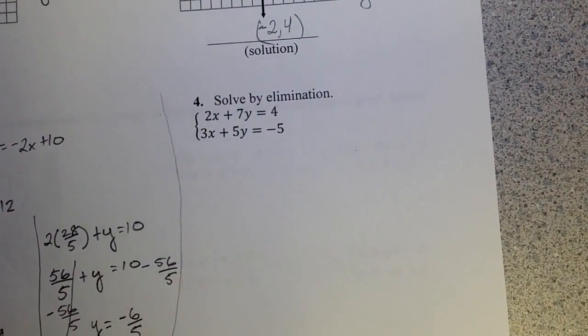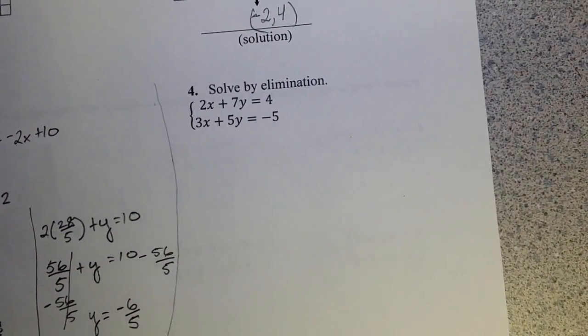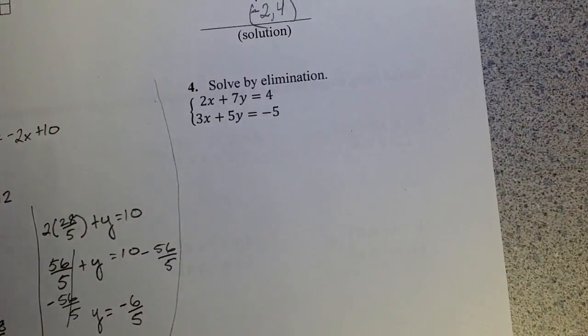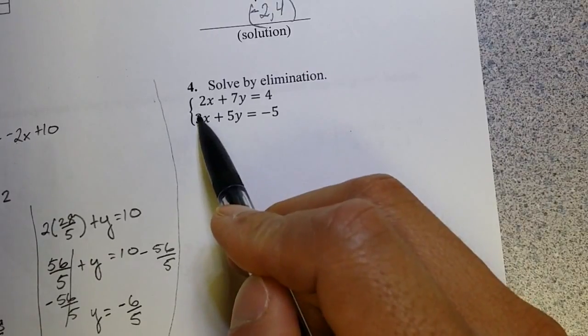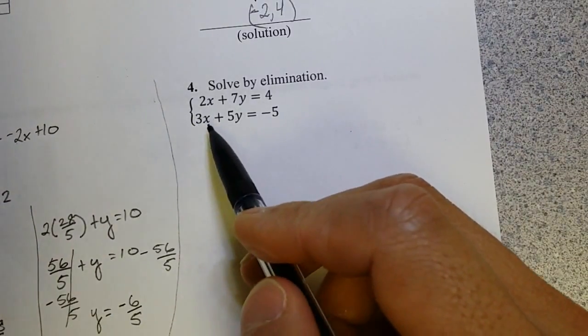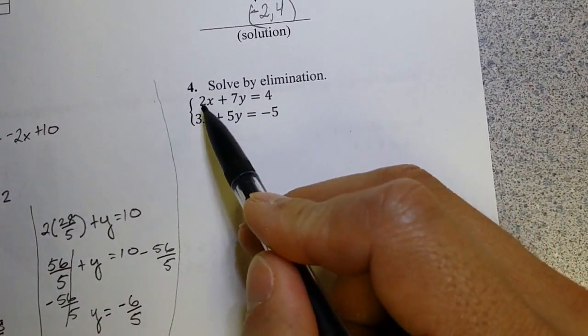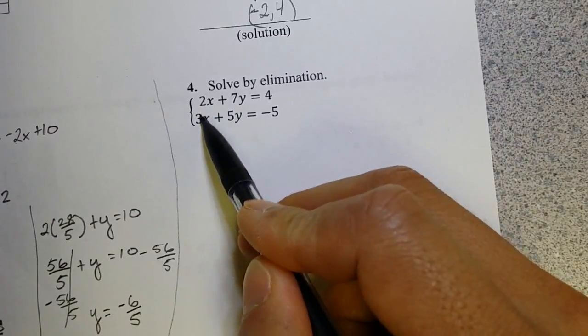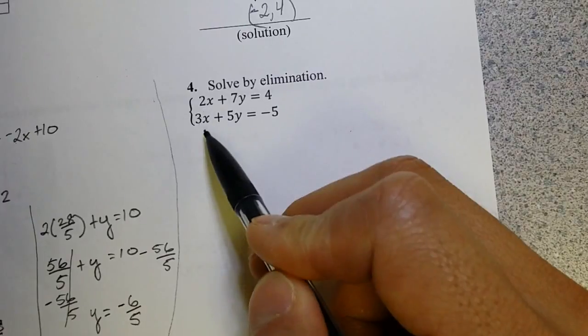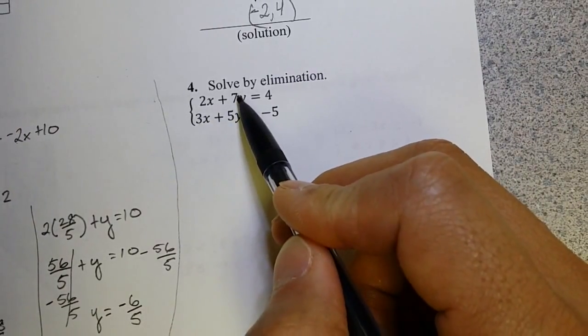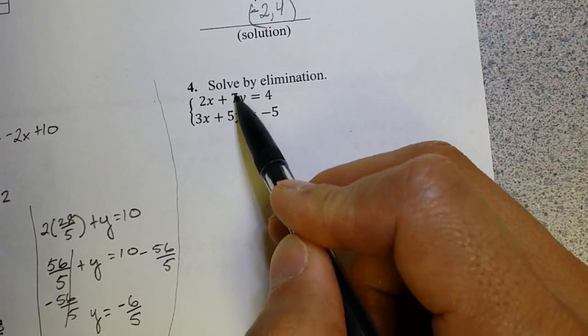Alright, the next problem asks you to solve by elimination. So elimination is basically you want to find or multiply somehow to get either the coefficient of the x the same, or the coefficient of the y the same.